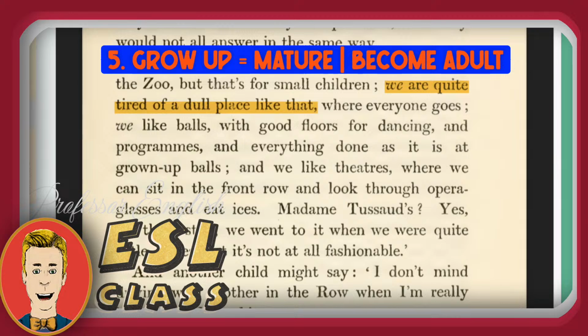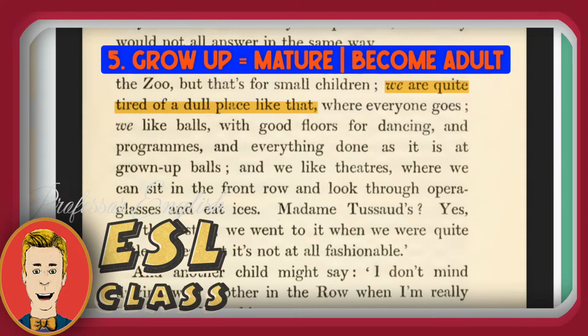How will you make a basic yes-no question with that sentence? Did she grow up in Los Angeles? And how will you answer no to that question? No, she didn't. No, she didn't grow up in Los Angeles.